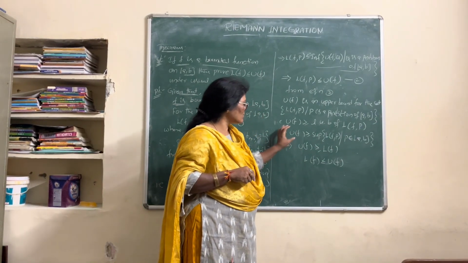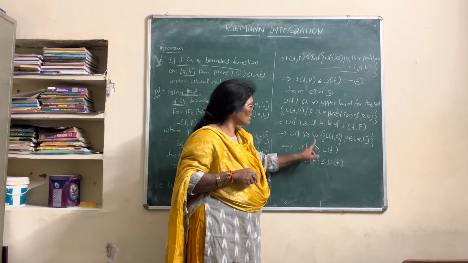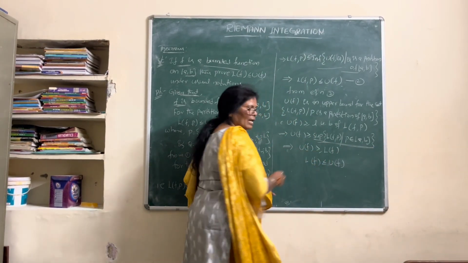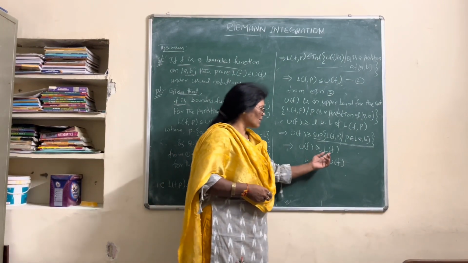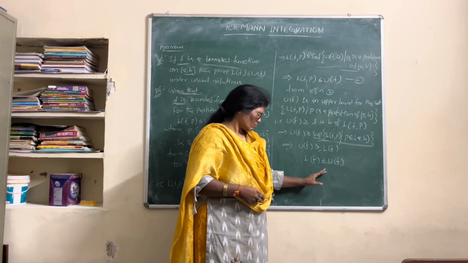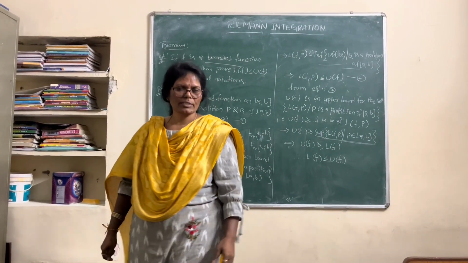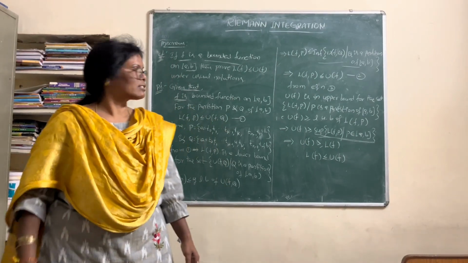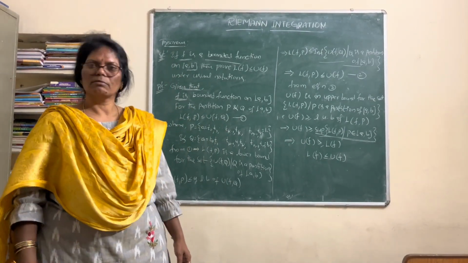That means UF is greater than or equal to this total set. The supremum of this total set is LF only. Or it can be written as LF is less than or equal to UF. Okay, this is also the required solution. Very important for 4 marks, I am saying. Note this theorem also. Prepare well.